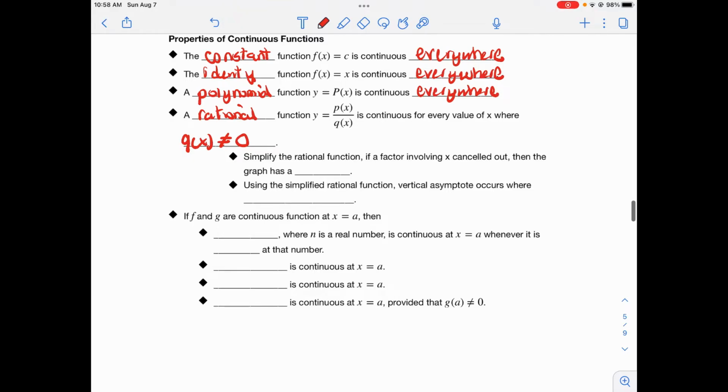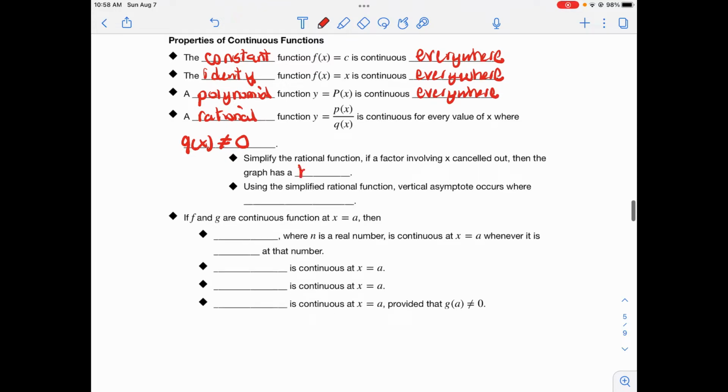To figure out which one you have, the first thing you do is simplify the rational function by finding the factors of p of x and the factors of q of x, and cancel anything out. If you cancel something out, the factor that you cancel out will tell you where you have a hole in the graph, and that would be removable discontinuity.